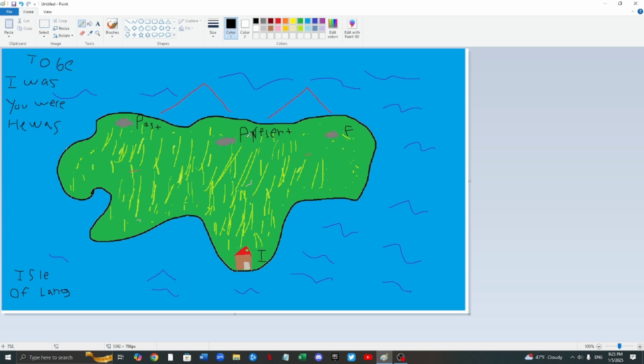And then we have the present, which is the most used part of land here in the Isle of Lang. This is just statements, right? Like every day, how we talk, right? Yo hablo español. Tú hablas español. Él habla español. Just stuff like that. Te doy algo. I'm giving you something, right?